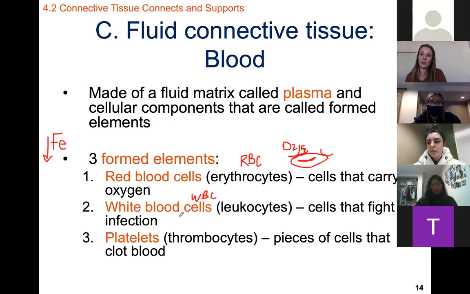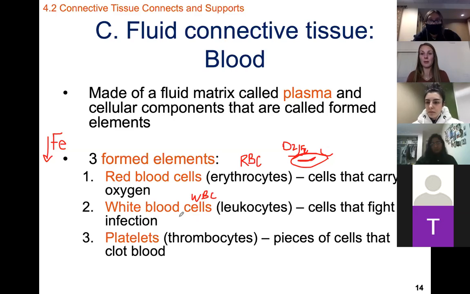But then there are some infections that come into your body, maybe a cold or a flu or COVID or anything like that. Your white blood cells are trying to fight against those things. And sometimes they're successful and sometimes they're not. And there's different types of white blood cells that do different things. So that's just a really general, vague statement to know that white blood cells fight off infections.